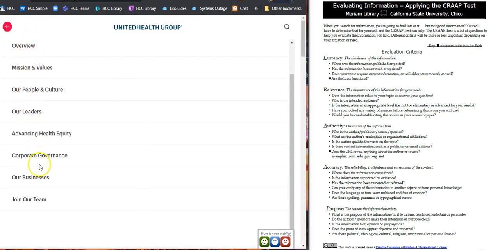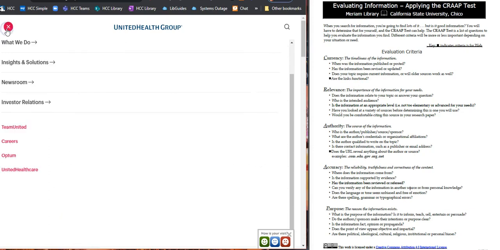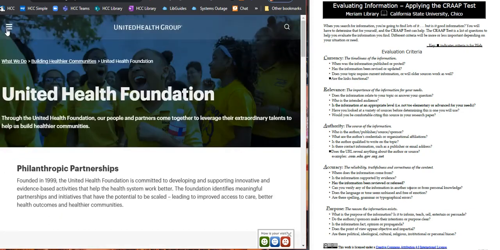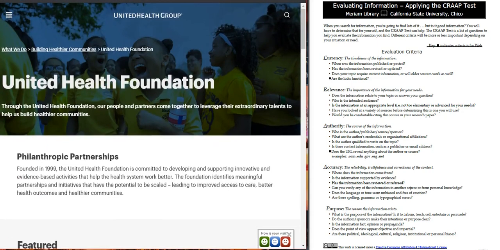And this is where we could look into what are their businesses, what are their mission and values, why are they writing this information, what is its purpose, right?